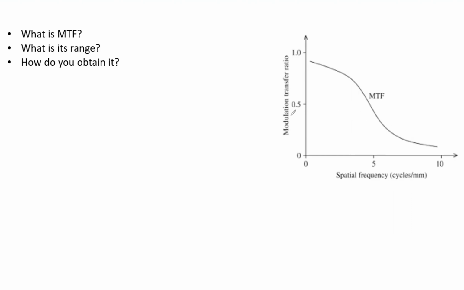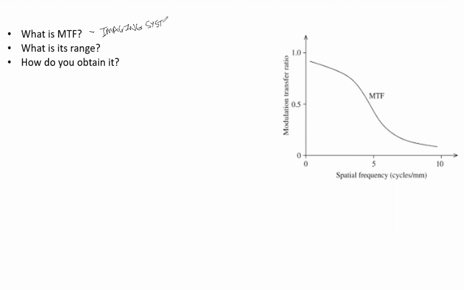So MTF characterizes the performance of an imaging system and it measures spatial resolution. It is a property of the imaging system, how well the spatial resolution of an object is reproduced by the system itself. Important to know, it is a property of the imaging system as a whole.